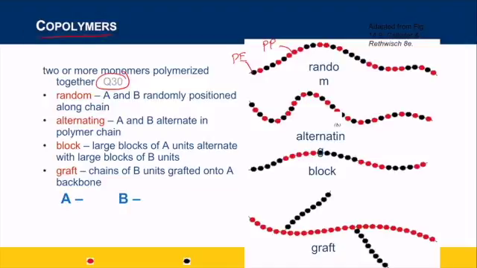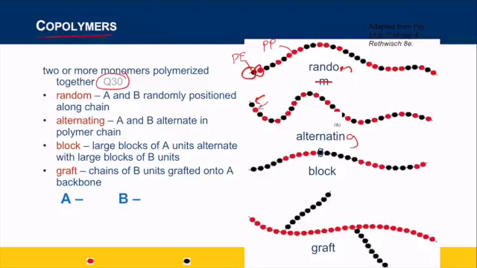Polypropylene has the carbon-carbon, 3 hydrogens, and a methyl group. So I can attach polyethylene to a polypropylene, and if I do it in kind of a random assortment, and I have a few mers here, and I attach them randomly, maybe I have just 1 or 2 mers, and I attach 10 or 15 mers of the other polymer, that would be a random copolymer.